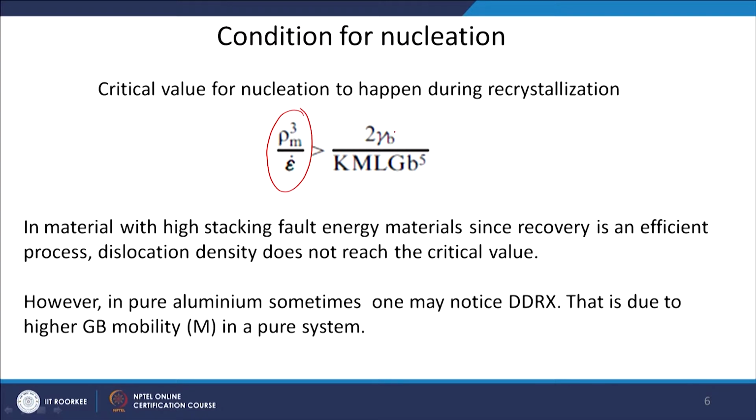For example, gamma b is the grain boundary energy, m is the mobility of the grain boundary, and L is the slip distance of the dislocation.